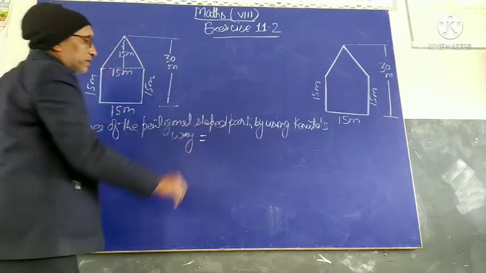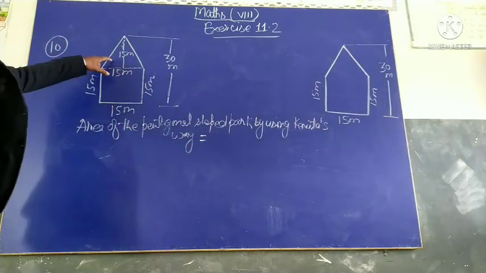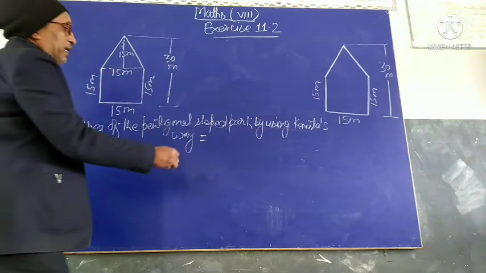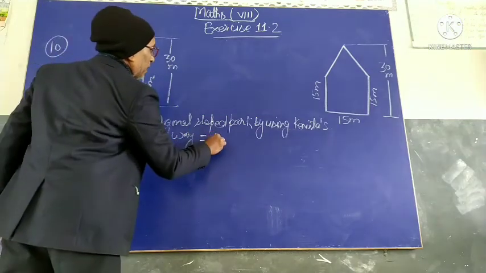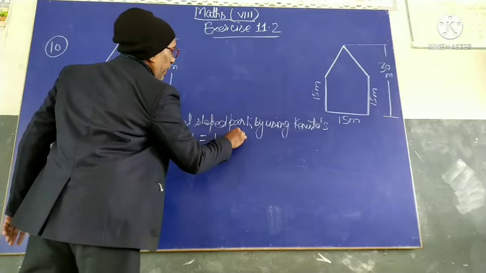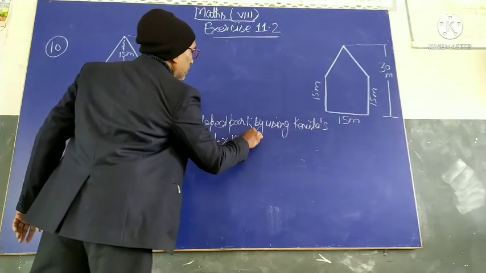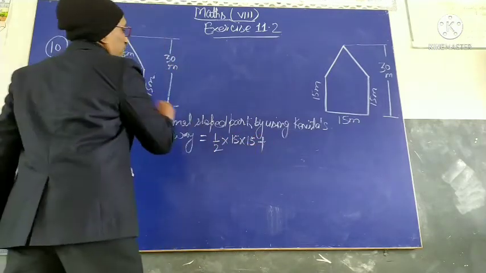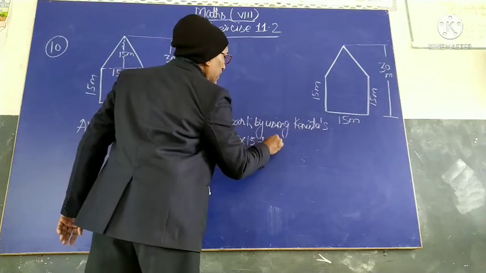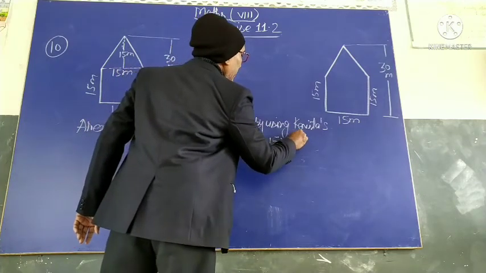You get area of triangle plus area of square. Area of triangle is 1 upon 2 into base into height plus area of square is 15 into 15.